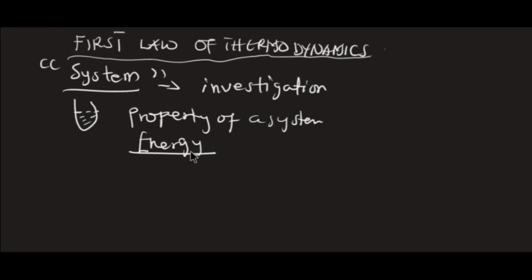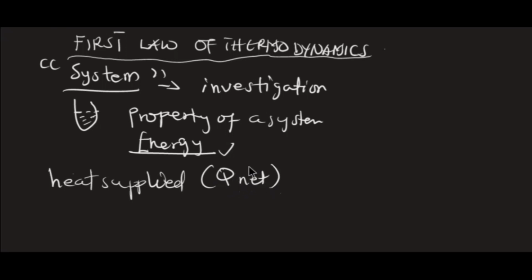Now this energy, as I'm talking about, changes, and the change in energy within a system has a value which is also equal to the difference between the net heat supplied. So I'm going to bring out parameters, that is the heat supplied. So the net heat supplied, which is represented by Q, minus the net work done.